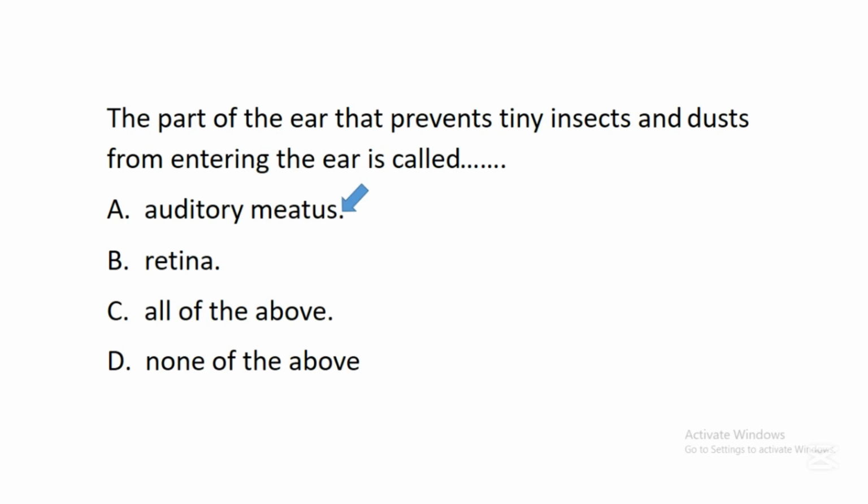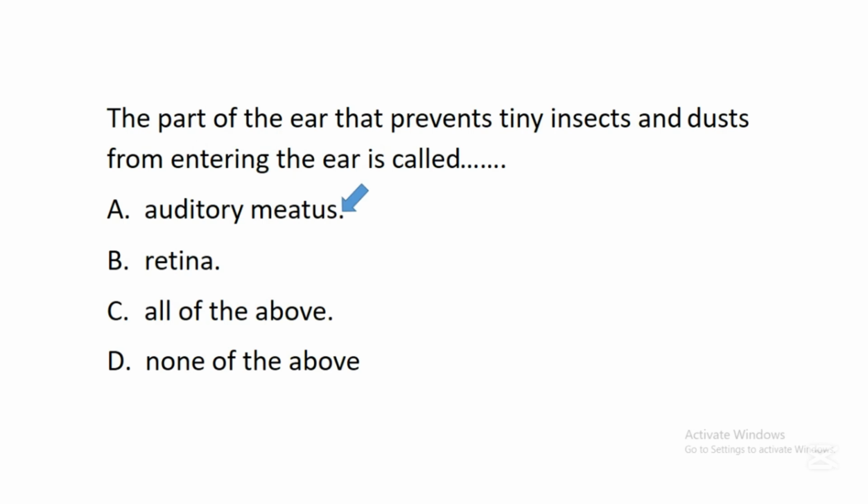So this option is the part of the ear that prevents tiny insects and dust from entering the ear. This structure is designed in such a way that it has the ability of separating insects and dust from entering the inner ear, because if this structure is lacking, or if anything goes wrong, a lot of foreign particles like insects and dust will just enter into the ear and damage the ear.